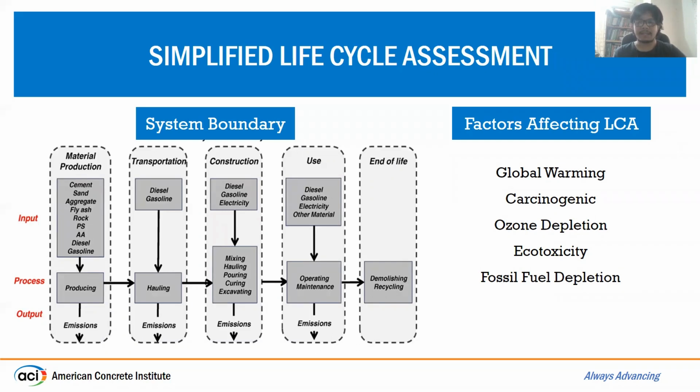There are certain factors that affect the LCA of concrete: global warming, carcinogenic, ozone depletion, ecotoxicity, and fossil fuel depletion. We can improve these factors in the alternative case scenario of our Ecoconcrete.